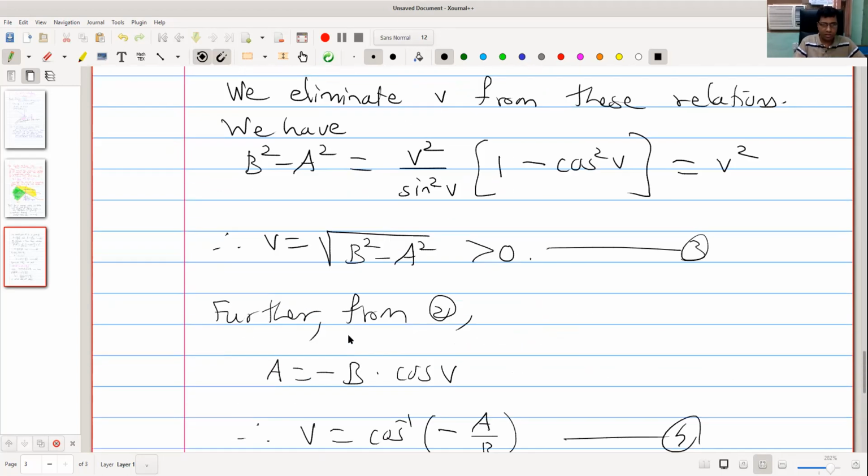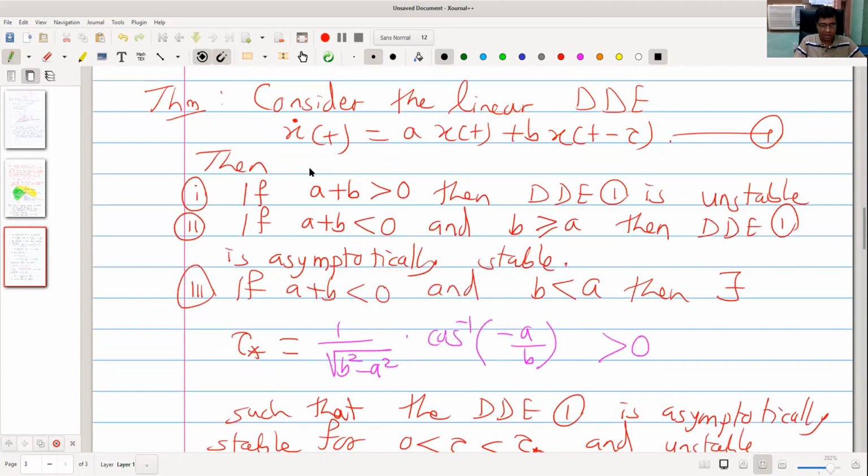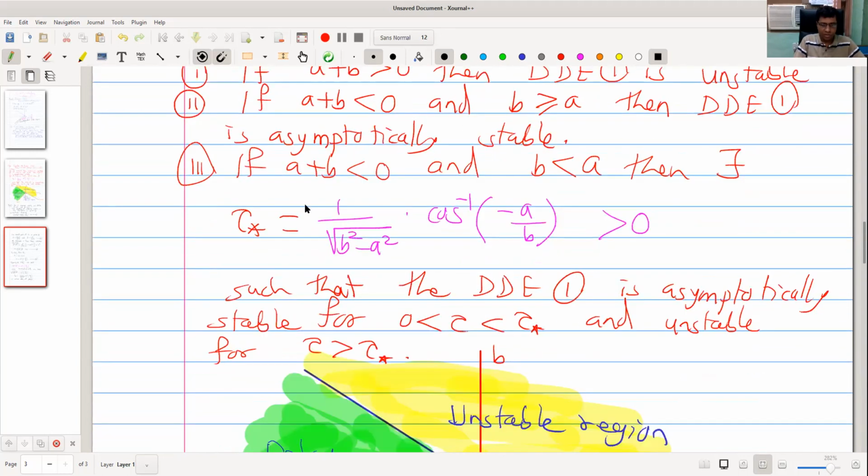Now we first prove third thing and then we prove first and second. So third thing says that if a plus b is negative and b is less than a, then this one. So in fact we assume these things.